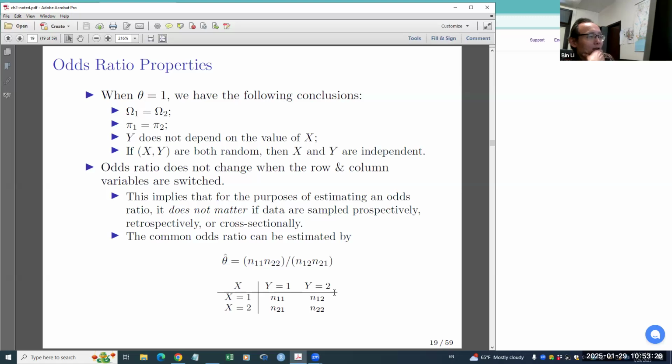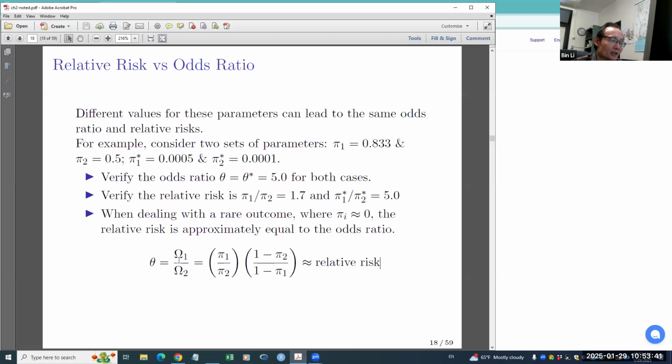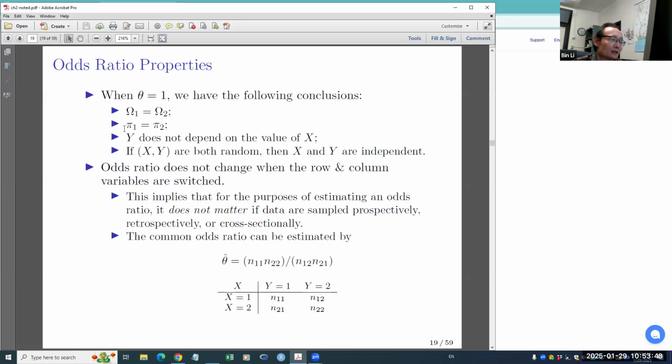So the odds ratio property. When the odds ratio is 1, that means what? That means the two odds are the same. That's obvious because the odds ratio is nothing but the ratio of the two odds, odds 1 over odds 2, right? It also means pi 1 equals pi 2.